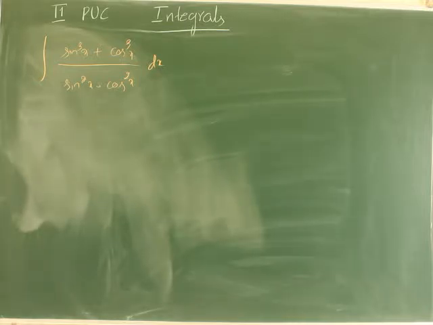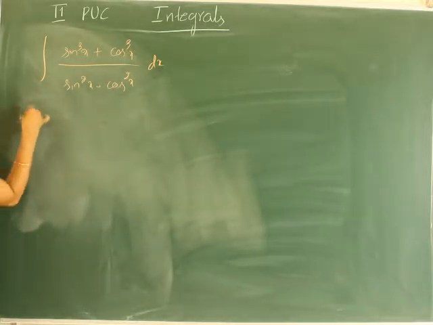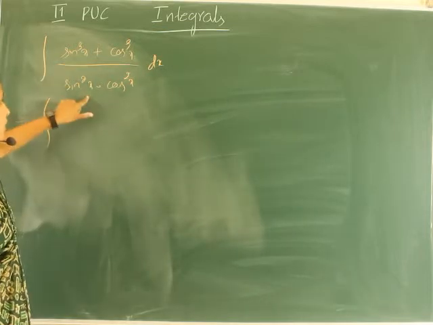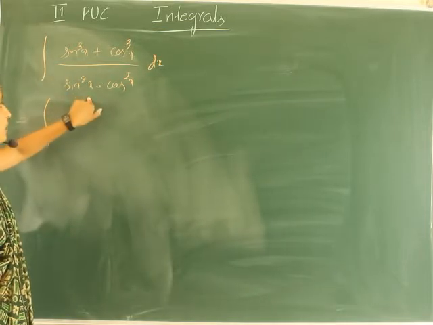How can we split? This is equal to integral of sin cube x divided by sin square x into cos square x.